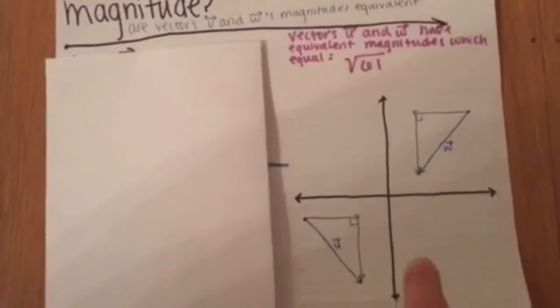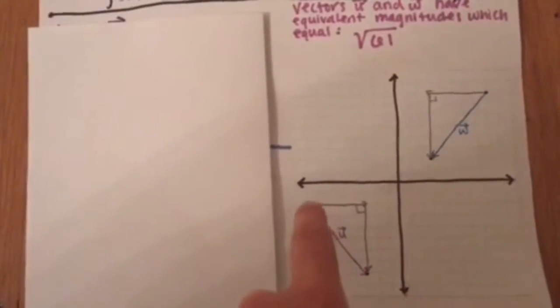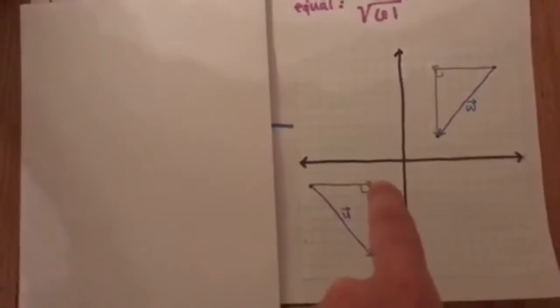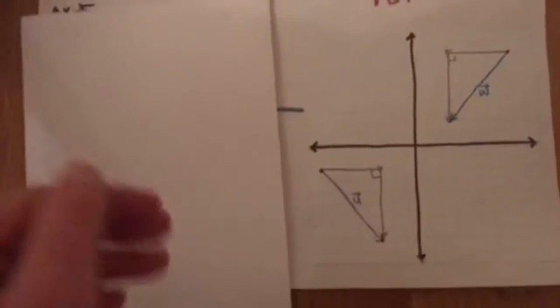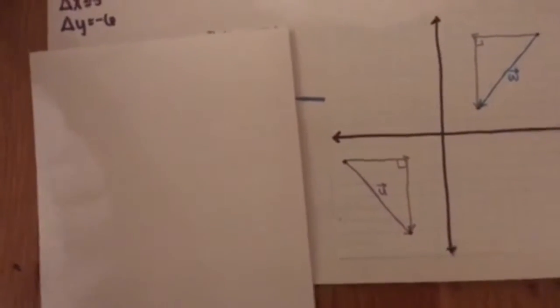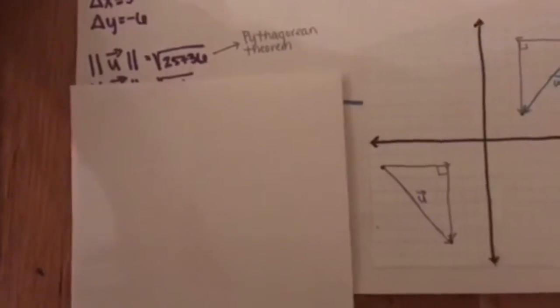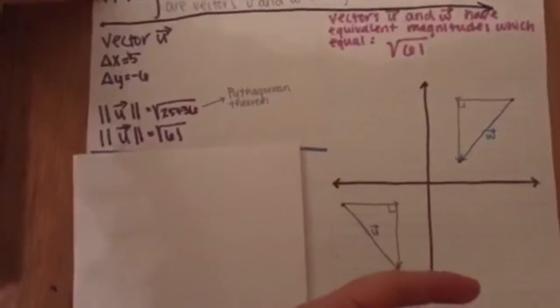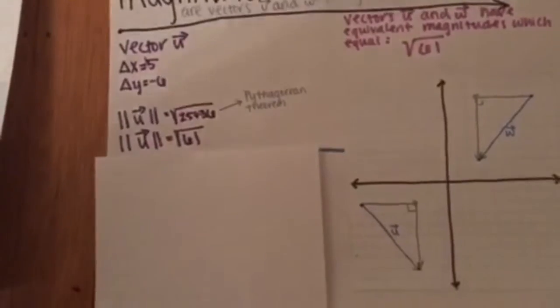Here you can see that vector U goes in 5 and down 6. So you can say that the change in x, or the change in how it goes in, is 5, and the change in y is -6.